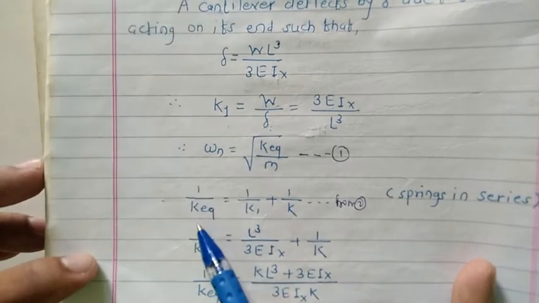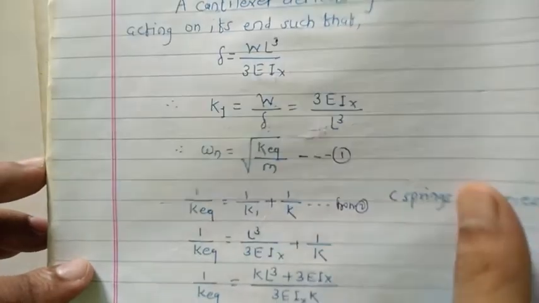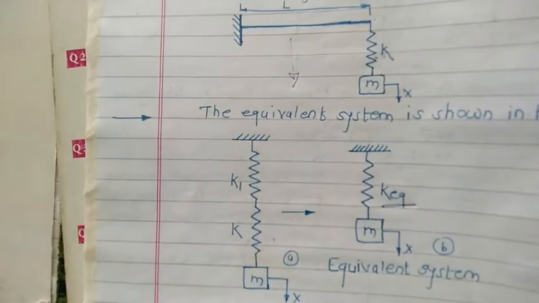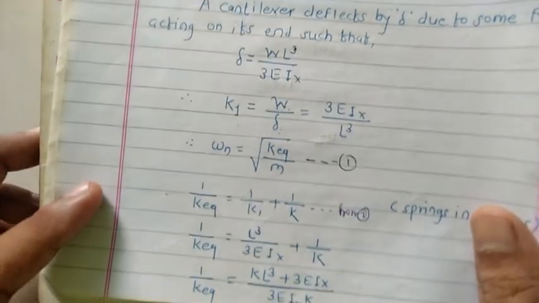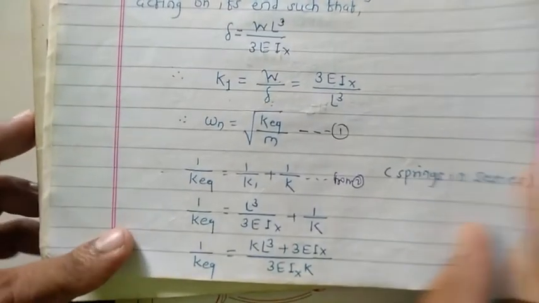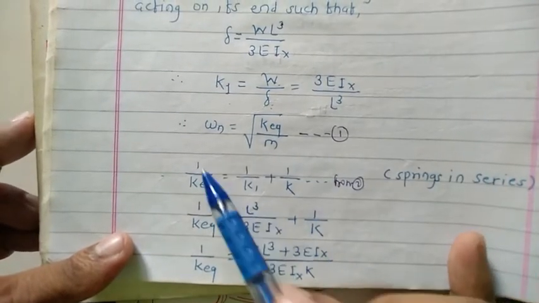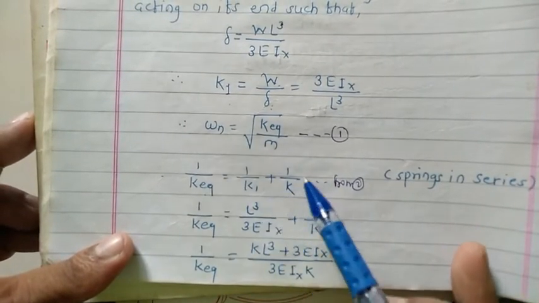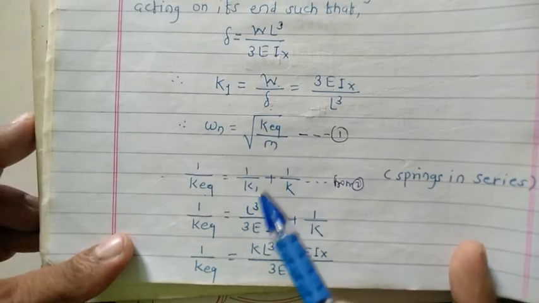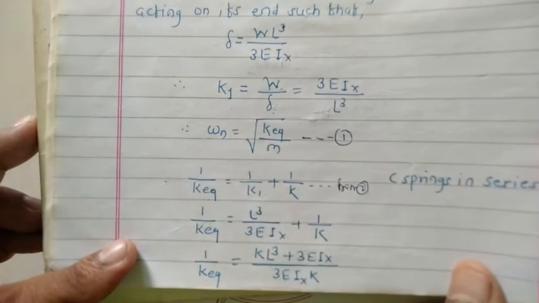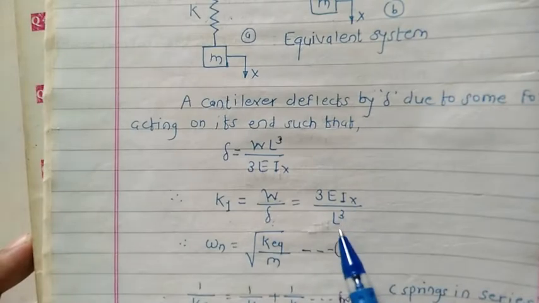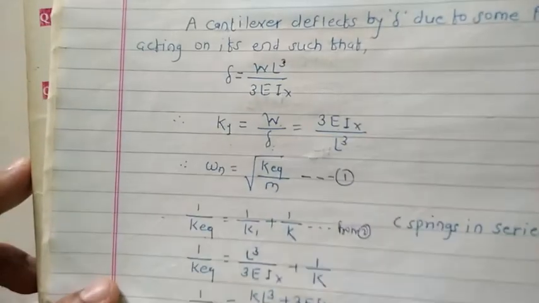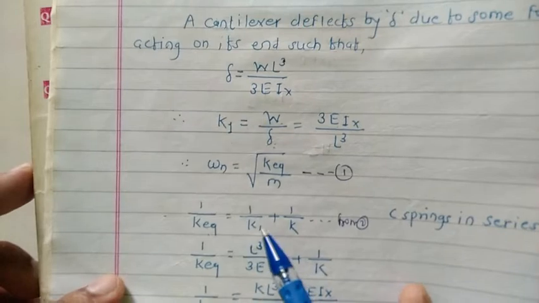1 upon K equivalent equals 1 upon the stiffness of the first spring K1 plus 1 upon the second, K. This is how we get the relation for K equivalent when the springs are connected in series. So 1 upon K equivalent equals 1 upon K1 plus 1 upon K. K1 is already calculated as 3EI divided by L cube, so replace K1 by this term.